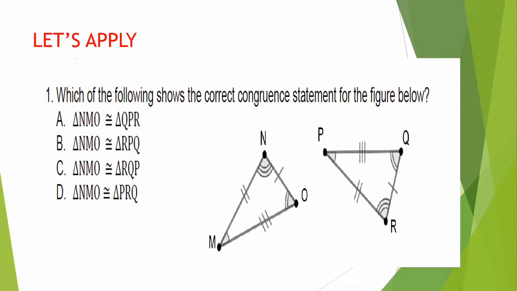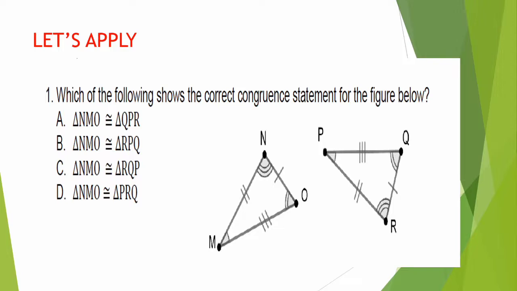Letter B. Triangle NMO is congruent to triangle RPQ. Letter C. Triangle NMO is congruent to triangle RQP. And letter D. Triangle NMO is congruent to triangle PRQ.